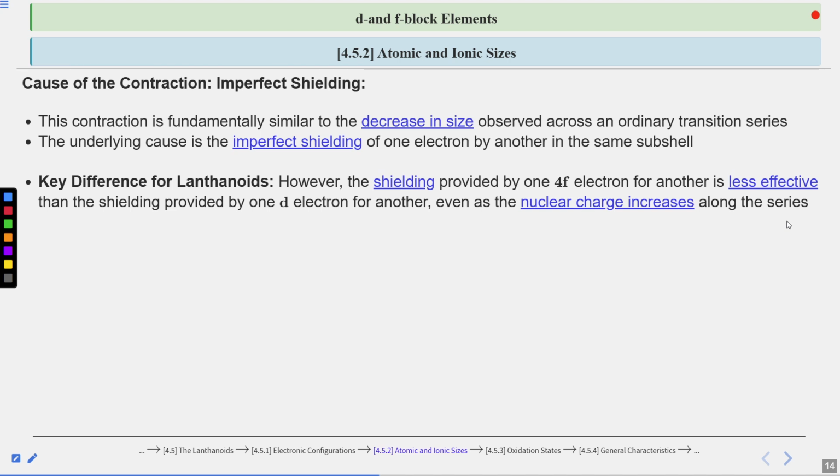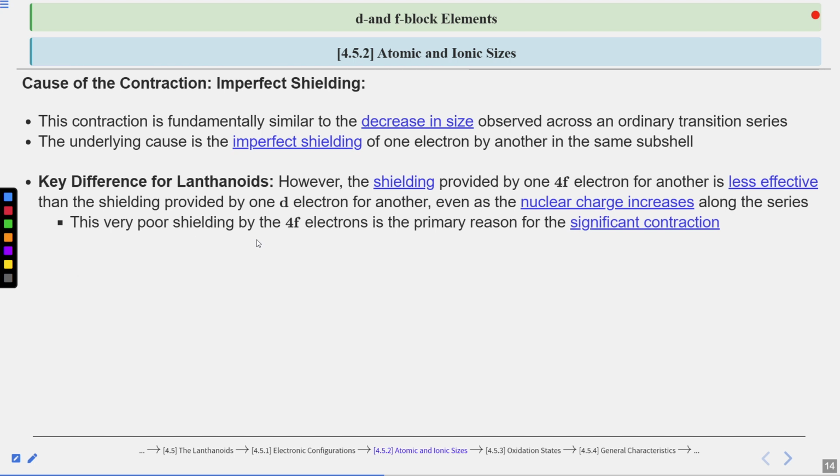Imperfect shielding of one electron by another in the same subshell is the cause for the decrease in the size which you have observed in the transition series. And the difference for the lanthanoids is that the shielding provided by one 4f electron for another is less effective than the shielding provided by one d electron for another, even with the nuclear charge increasing along the series.